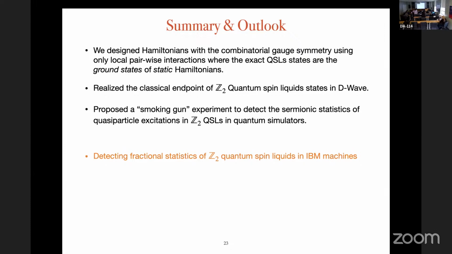Of course, that's the first alternative, and then D-Wave came to our mind as well. And then we actually reached out to folks from QuEra asking if it's possible to realize the combinatorial gauge symmetry. But the interaction in the Rydberg atom is van der Waals interaction, and it's only positive. However, in our case, we have to realize both positive and negative interactions. It's not impossible to do in the Rydberg, but you need to use, for example, 6 to 7 qubits to realize effectively a 2-qubit interaction for both ferromagnetic and antiferromagnetic interactions.